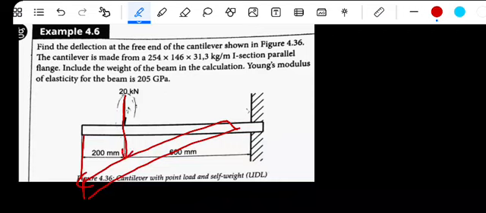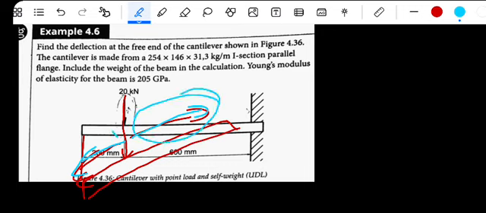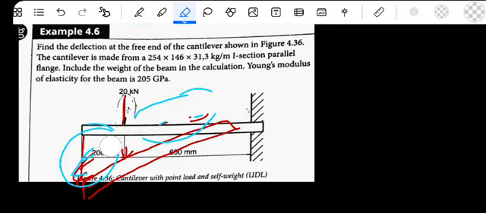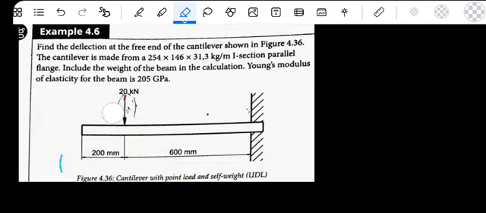Let me use another color. We have the deflection on the left and the deflection on the right. So we'll have two deflections. I want you to understand this, guys.